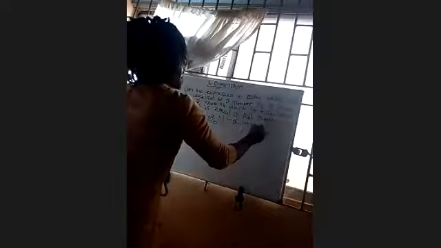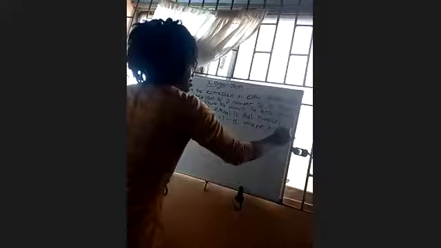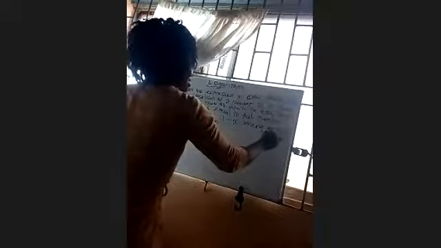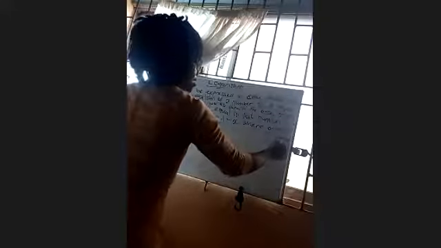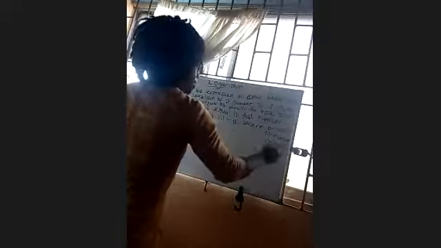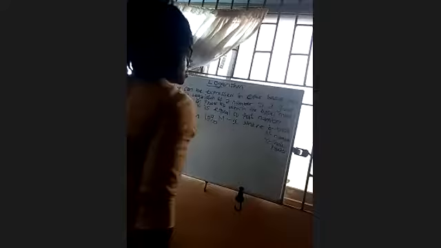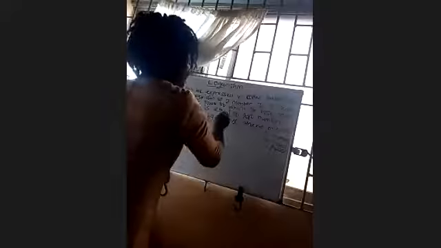Where b is the base, n is the number, and x is our index or power. The logarithm of a number to a given base is log n base b.